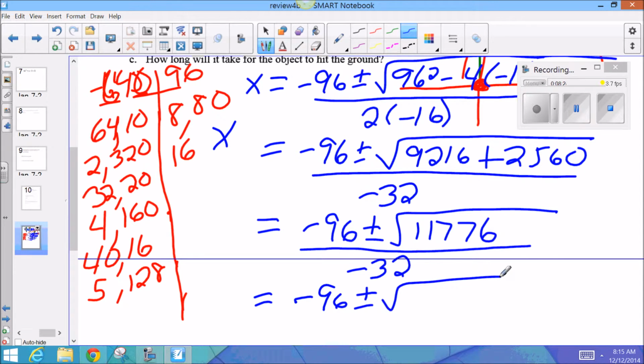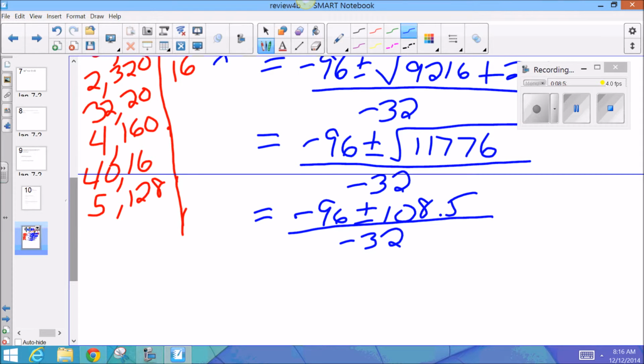All right. Let's now see what the square root of 11,776 is. It's 108.5. All right, so I'm going to break this down into two separate answers.